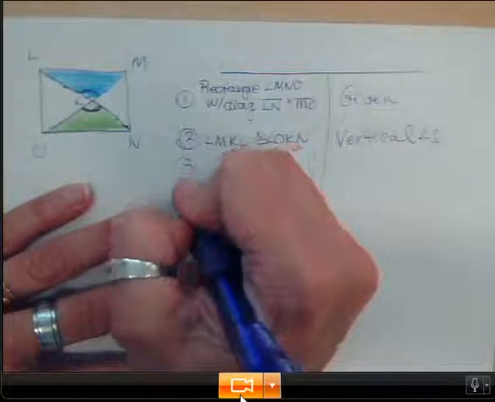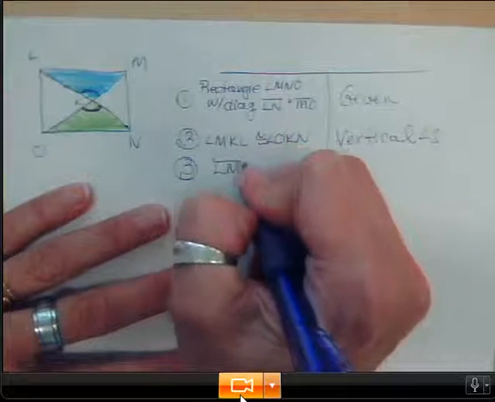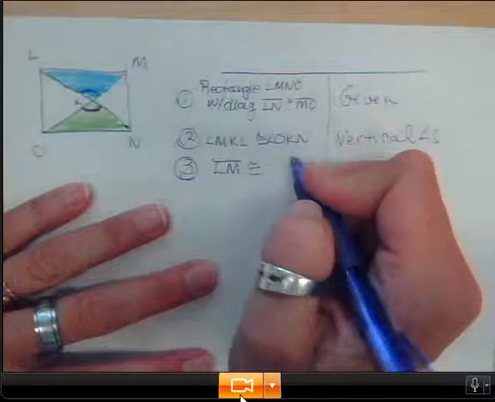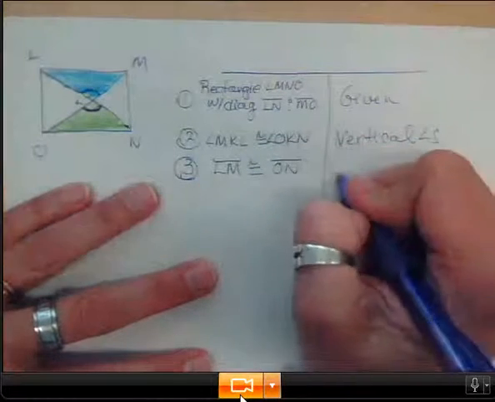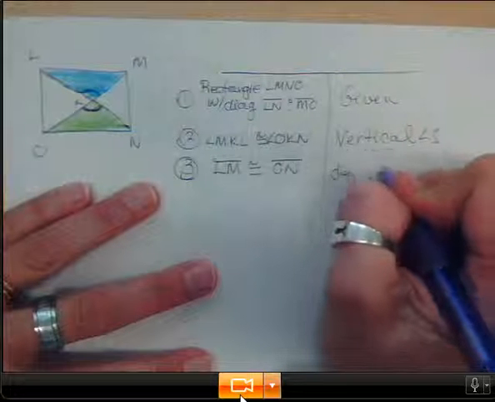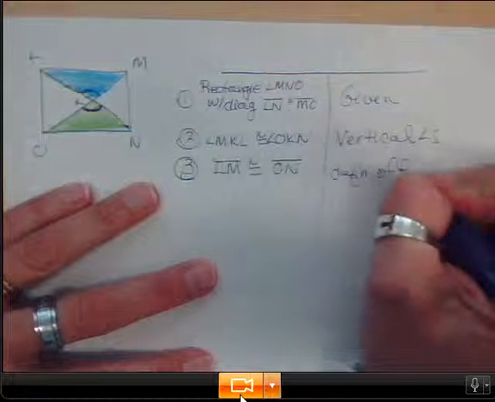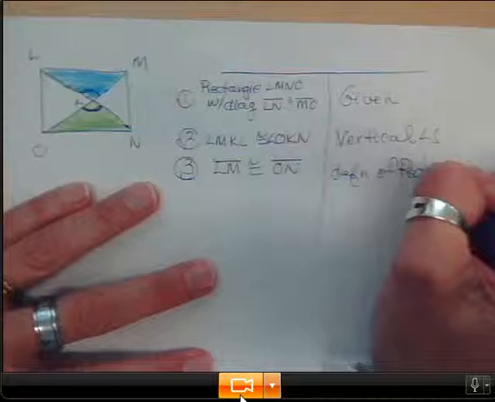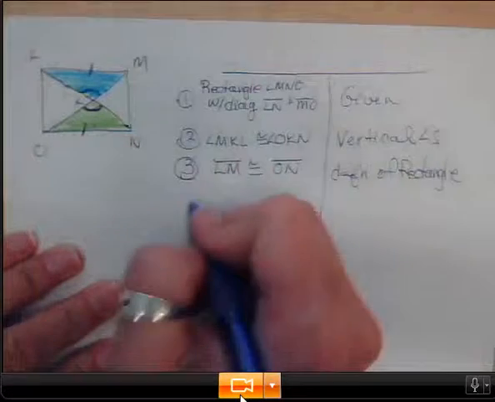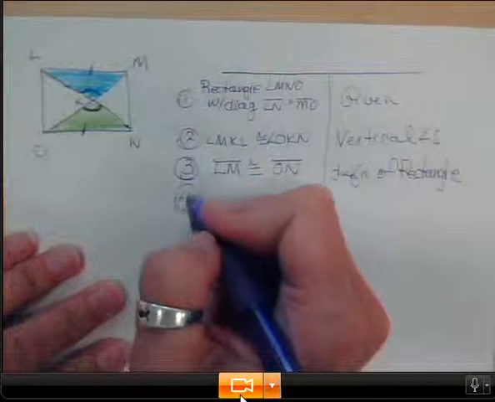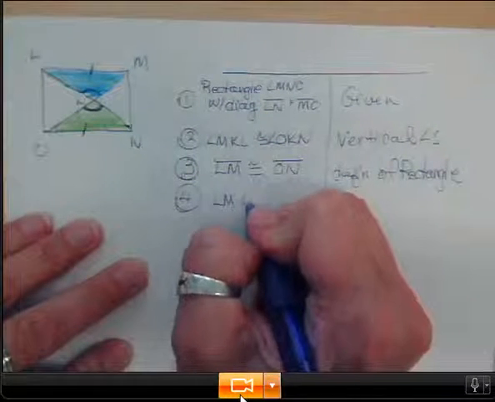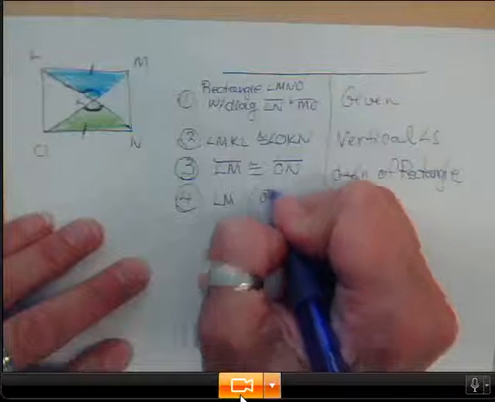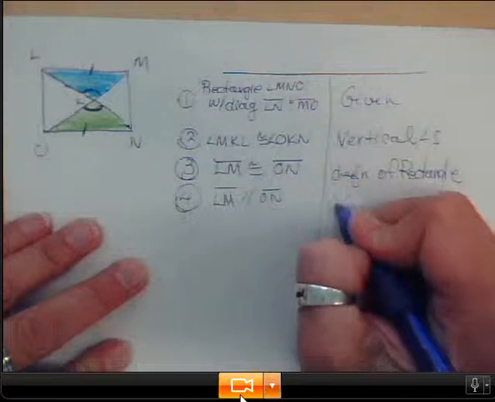I also know that LM is congruent to ON. Reason would be definition of a square, or not a square, my bad, a rectangle. So I've got those two sides. I also know that LM is parallel to ON, and that would be property or a definition of rectangle.